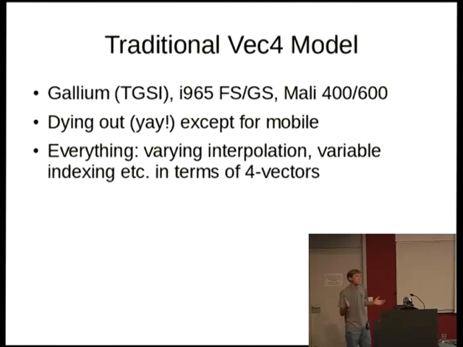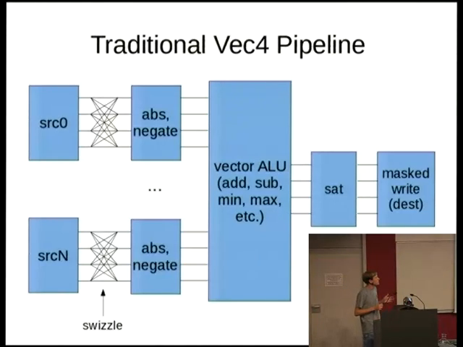But we really still need to support it. And probably the biggest reason we need to still support it is that TGSI is entirely based around it, even though hardware is actually moving away from this model. So yay, TGSI. So if you look at what this traditional pipeline looks like, this isn't what people's hardware is actually like, but this is what DirectX bytecode looks like, and this is what TGSI looks like to some extent.